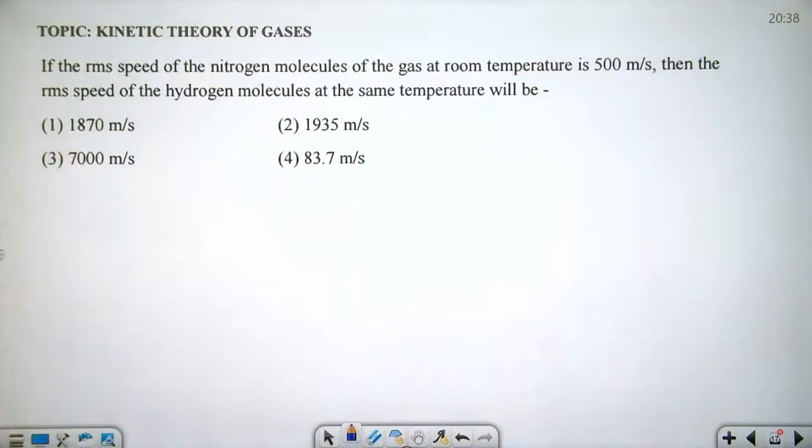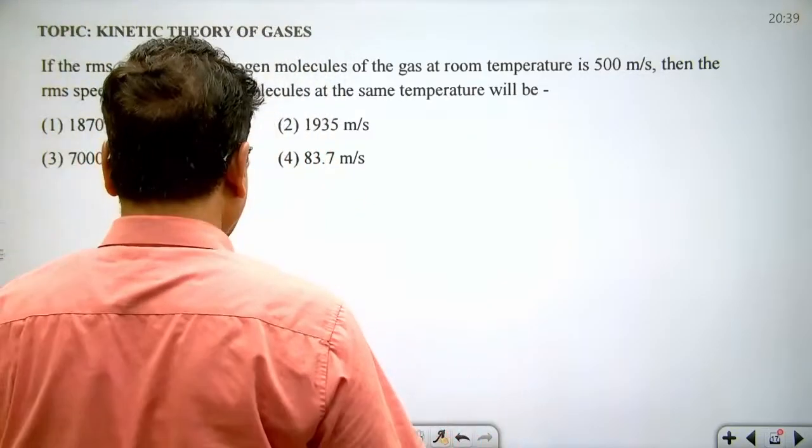You can easily find it by applying V RMS equal to under root 3RT upon M. So very simple.